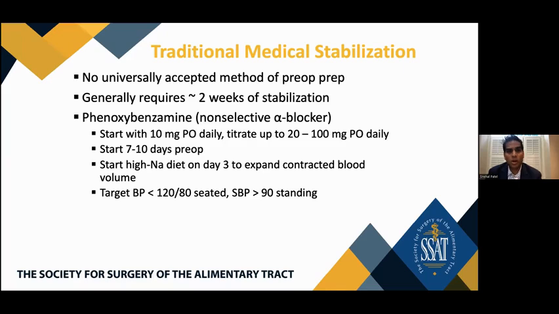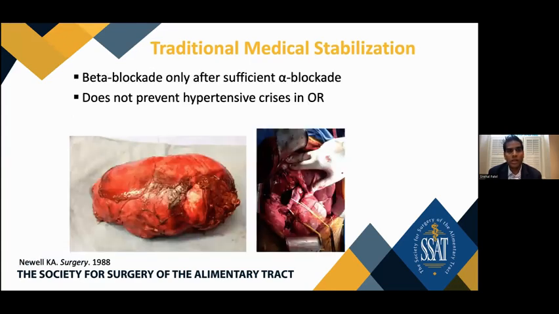It has become harder since back when we were using phenoxybenzamine, and it's not available. If you're able to get it, then it's easy: you start with 10 milligrams and you titrate up based on orthostasis. Generally, I tell patients you need a minimum of 2 weeks to get them ready for surgery. 2 to 3 weeks is great.